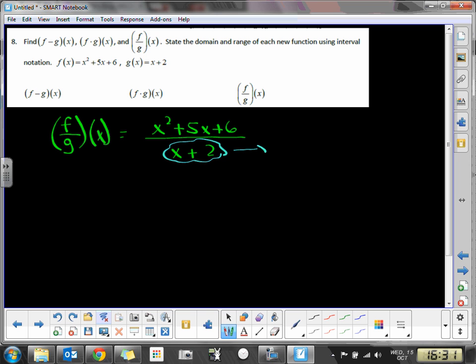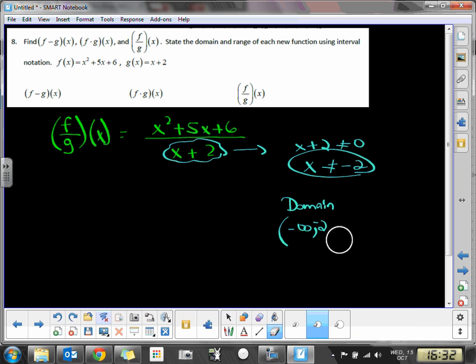We want to make sure that x plus 2 does not equal 0 since it's undefined. So that means we do not want x to be negative 2. So we can use all real numbers except negative 2. Just finishing up on that domain idea, our domain in interval notation would be negative infinity to negative 2, union negative 2 to infinity.